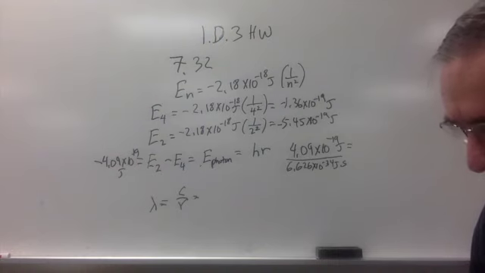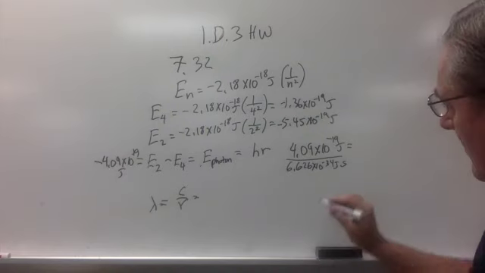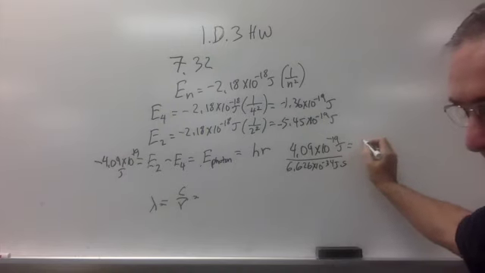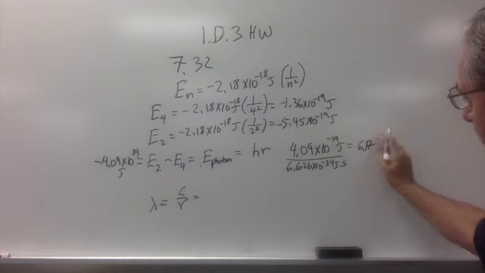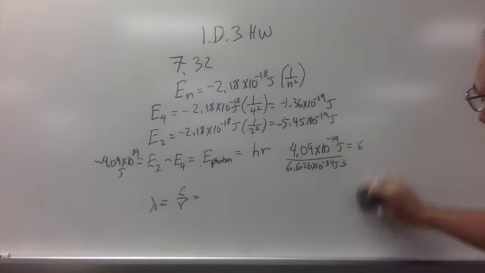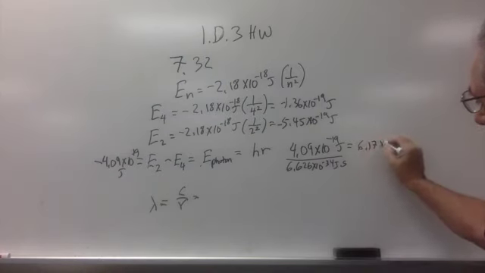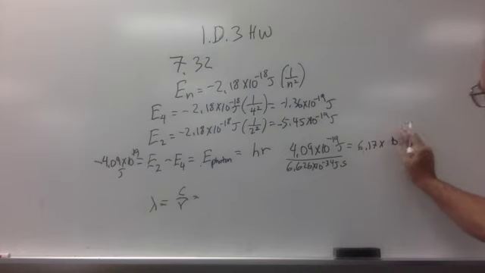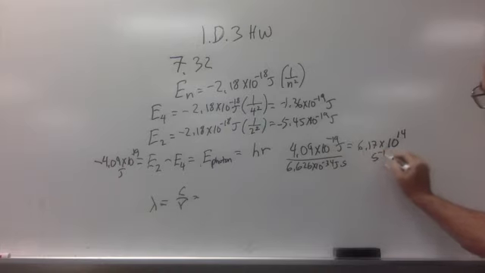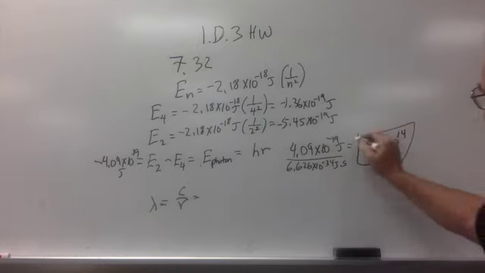So 4.09 times 10 to the negative 19, and then divided by parentheses 6.626 times 10 to the negative 34, and we get 6.17 times 10 to the 14th seconds to the minus 1 is our frequency.